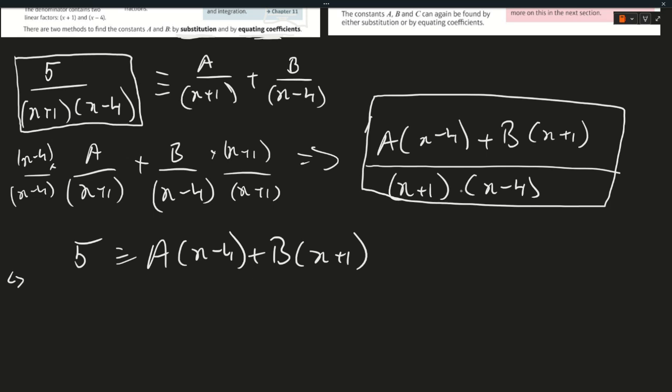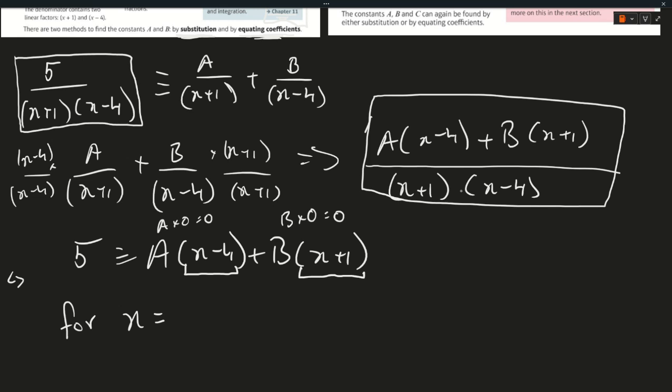It's not exactly that, because x could be anything. Remember, we want to cancel out one of these. The way we do that is that a times 0 is 0 and b times 0 is 0. So we want one of these brackets to be 0.